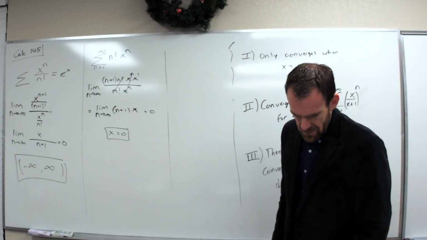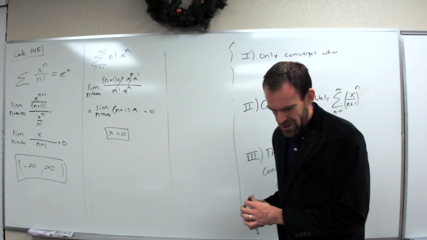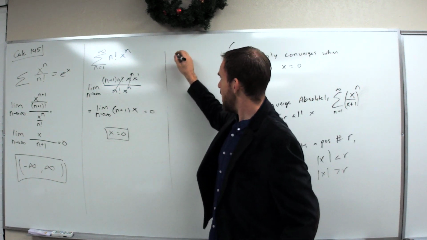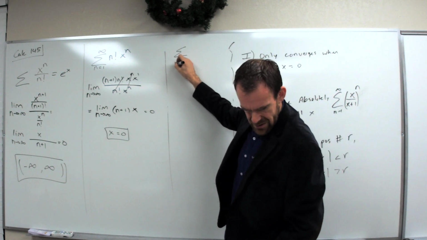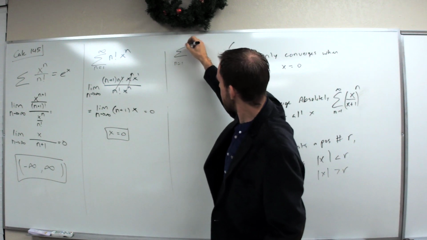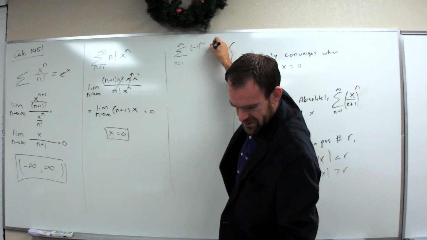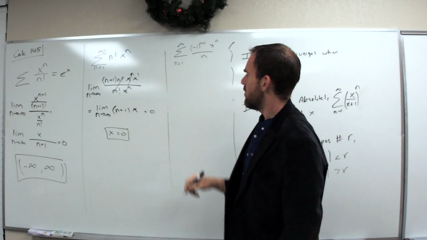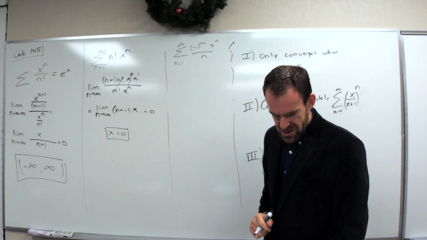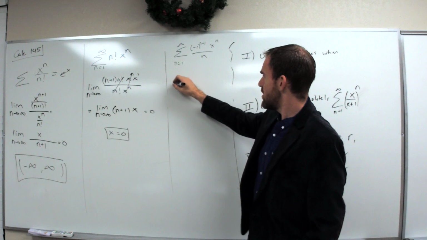Okay? A final example, find the interval of convergence of this guy. The sum from n equals 1 to infinity of negative 1 to the n plus 1, x to the n over n. Okay, so what are we going to do? Ratio test.